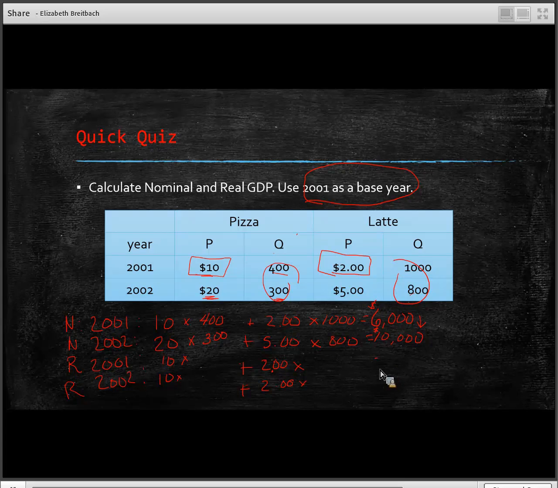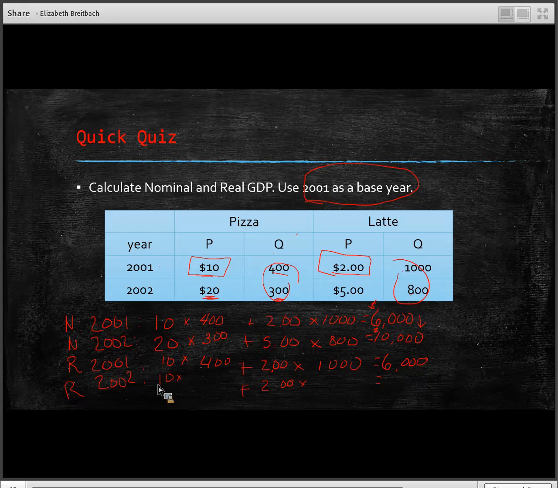Now we just have to fill in the quantities. The quantities in 2001 are 400 and 1,000. If you remember from previously, the nominal and the real GDP are always equal in our base year. And so we have real GDP of 6,000 once again in 2001.